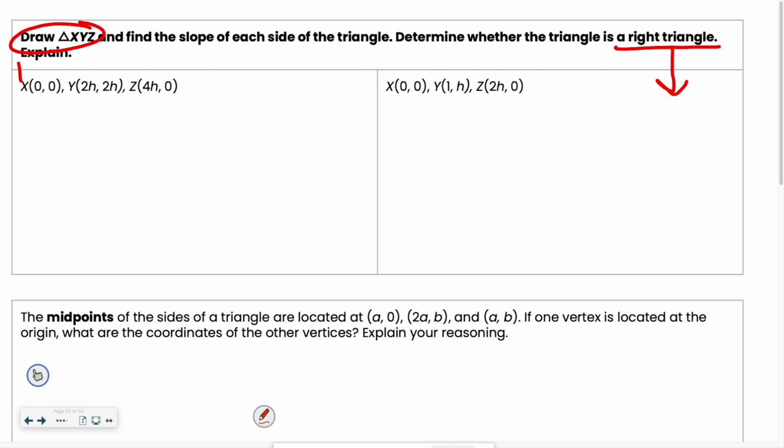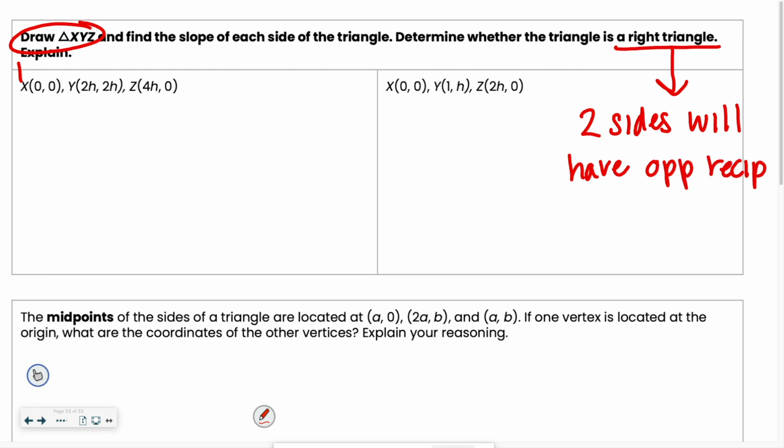If it's a right triangle, 2 sides will have opposite reciprocal slopes, right? Because that will give us a right angle if they're perpendicular. So you have to use the slope formula. Okay? You're using the slope.